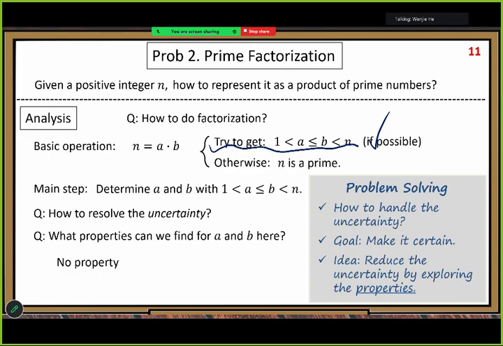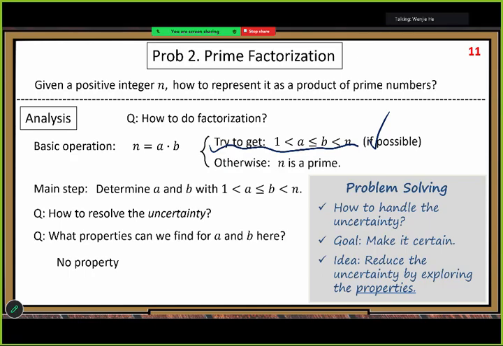If we cannot find any property, then what's the consequence? Sometimes we may not be able to discover any properties. That means you cannot reduce uncertainty.